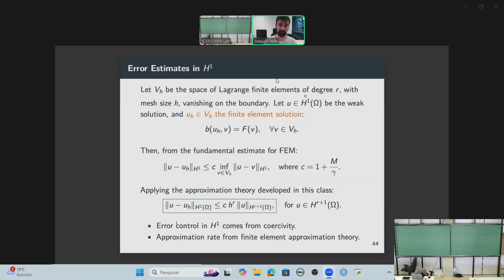So as I was saying, the ability to control the error here comes from the coercivity of the form. But on the other hand, the approximation rate that we get, this power of r here, comes from the finite element approximation theory that we developed here.